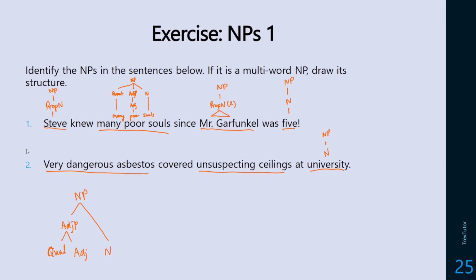For unsuspecting ceilings, unsuspecting is an adjective that builds up into an adjective phrase. Ceilings is the noun head, and that will build up into the noun phrase. So those are all the noun phrases that we have so far. Hopefully this exercise wasn't too bad.